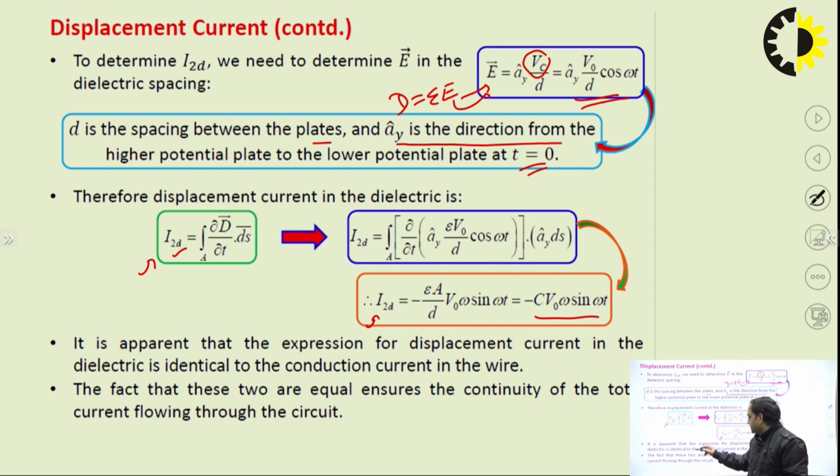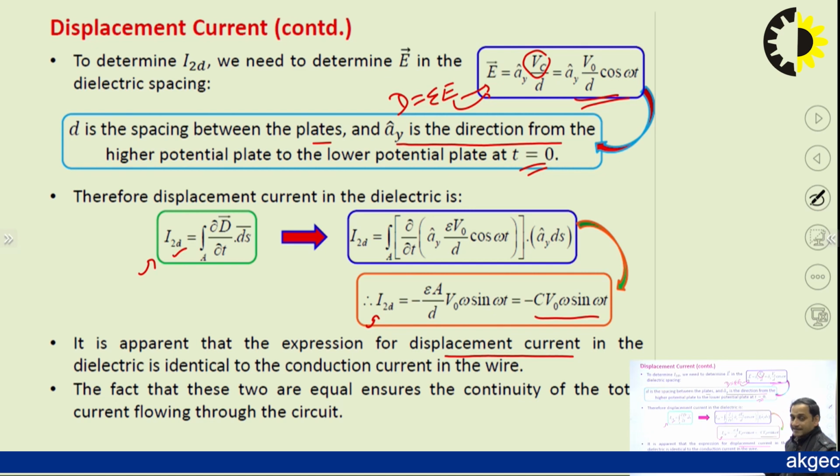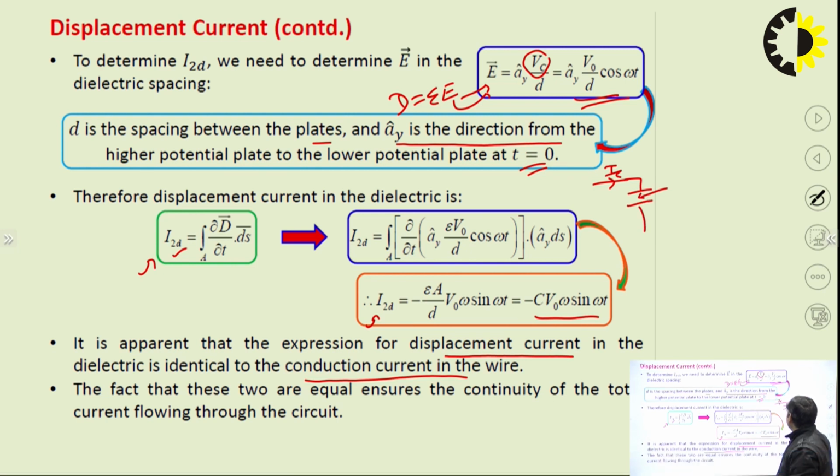So it is apparent that the expression for the displacement current in the dielectric is identical to the conduction current in the wire. These things must be clear to all of you. This is the wire in which the conduction current flows, and we are connecting the plates to it, and in between the plates we have the ID.